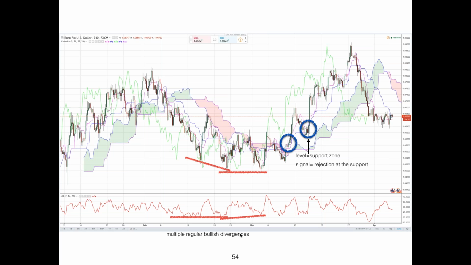The signal is a rejection at the support line. The signal tells you that the support will likely hold. The trigger is the long green candlestick that followed after. And then we find the bullish hidden divergence as well. So this increases our conviction that we are entering at the right position at the right time.